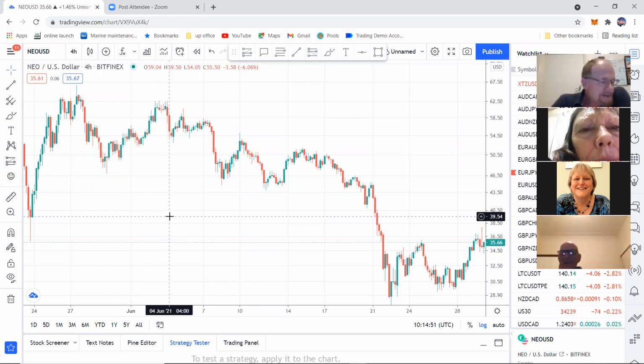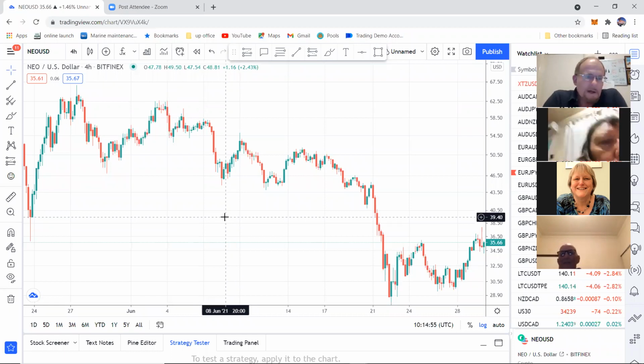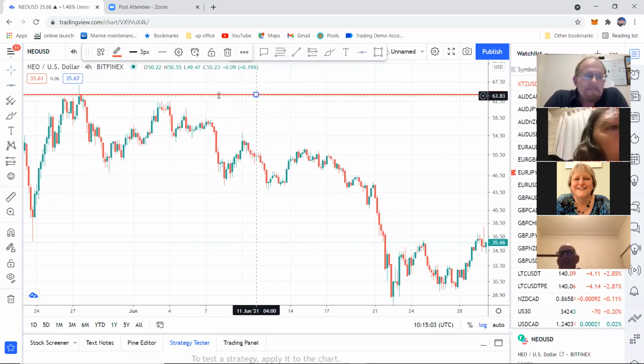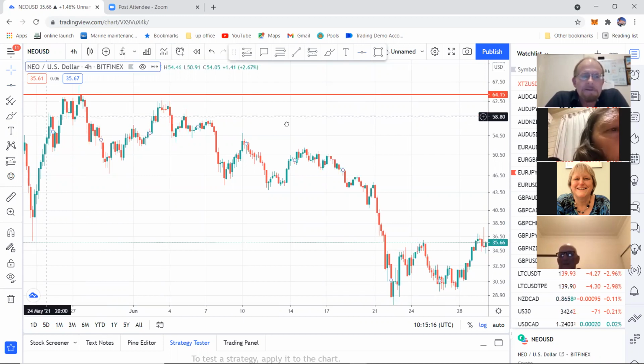Okay, I said market structure and trend lines. So when we drew, like in that first lesson, a resistance line, it was a nice straight line and the market had touched on it several times. As you can see, if I draw one of those lines here now, it's only touching on it once. Maybe it touches more if I go back.